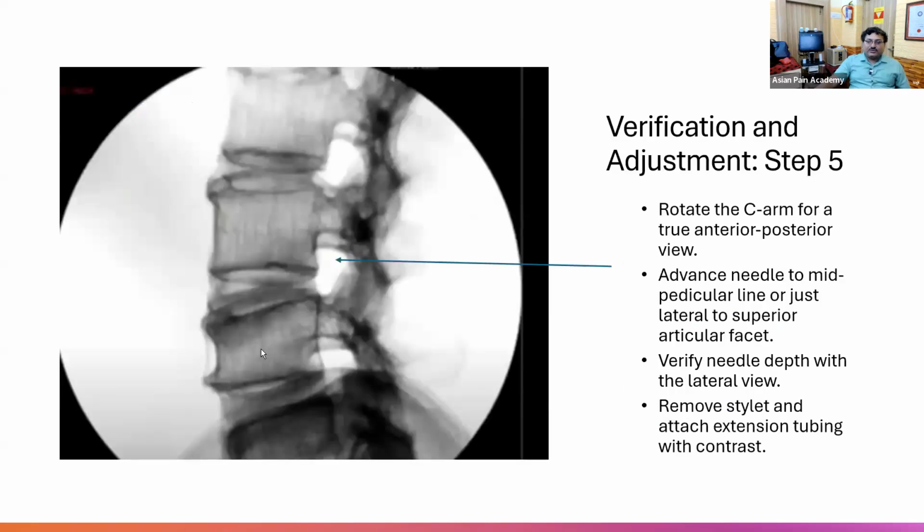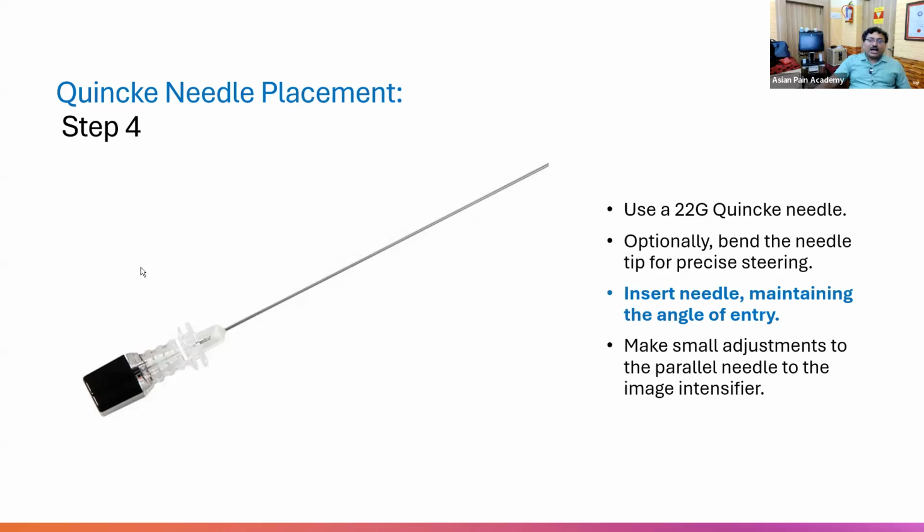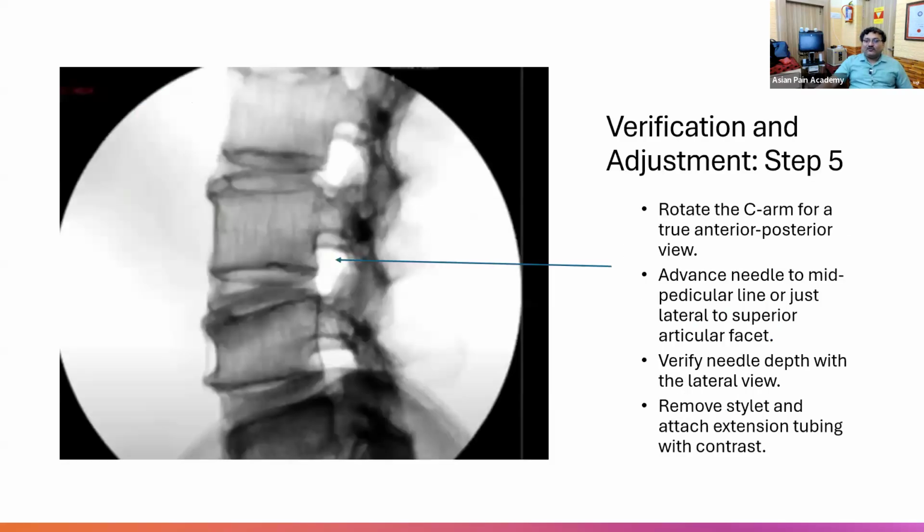So what is tunnel view? Under the C-arm beam, our needle should look like a dot, not a line. That is known as the tunnel view approach. So basically the C-arm beam is going in a direction, and in the same direction our needle should go, so that we are only going on the Z axis, as the X and Y axes we have fixed.